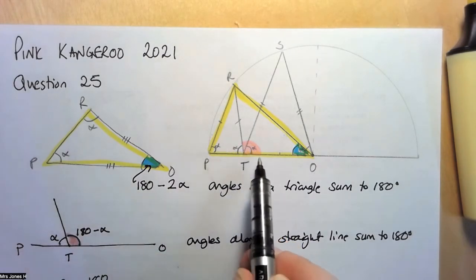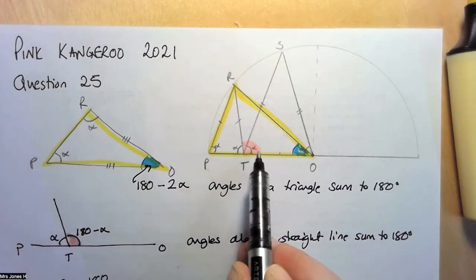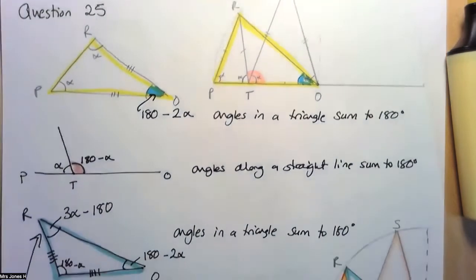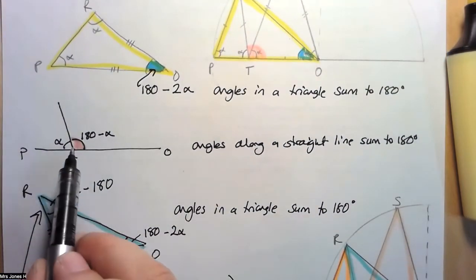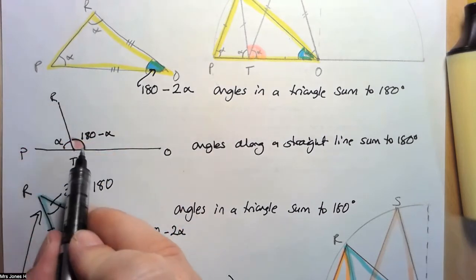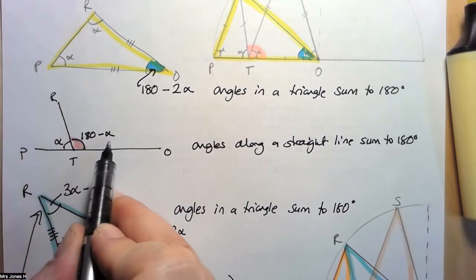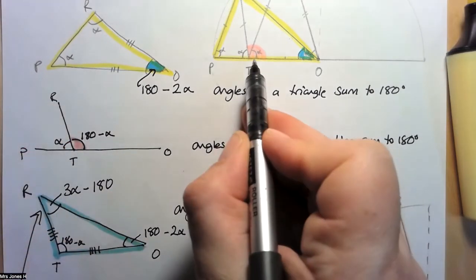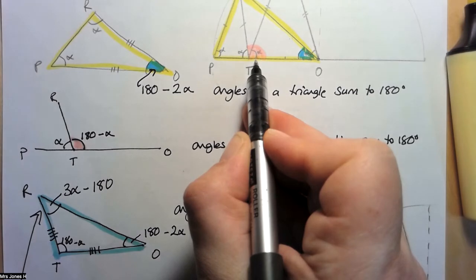We then look at the angles along a straight line here. Angles along a straight line give us the angle for OT, and that's R up there, which is 180 subtract alpha, which gives us this angle just here.